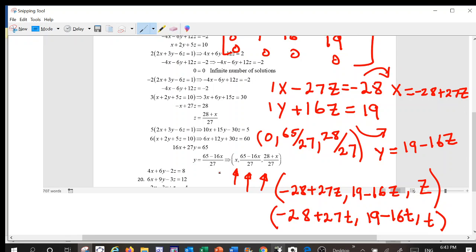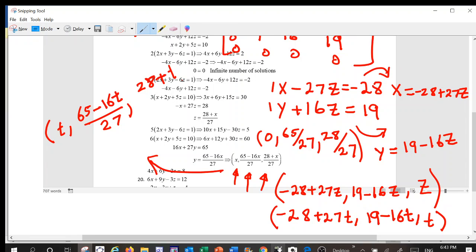And over here too, you can just let it be t, and then 65 minus 16t over 27, and then 28 plus 27t over 27. So you can even write it like this or like this. So these are the same.